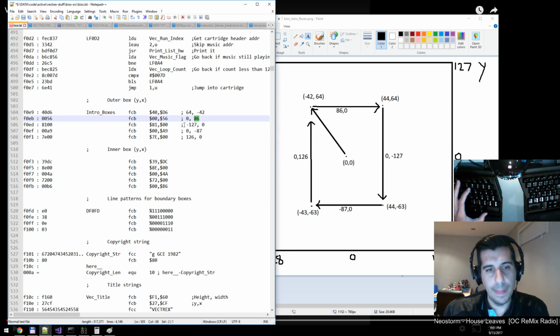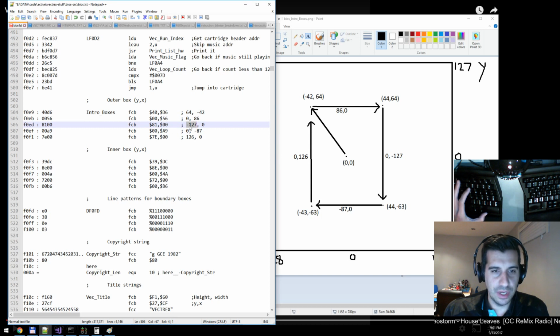Then after that, it wants to move down, so minus 127 in Y, but no longer in X, so 0 in X. So this delta movement goes down this way, bringing us to 44, minus 63.